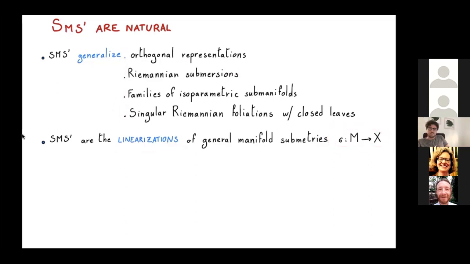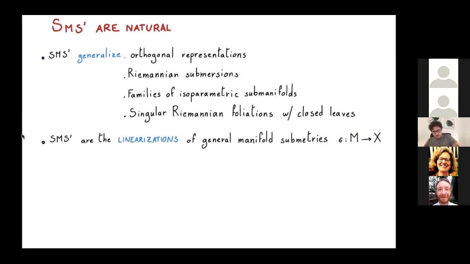And a manifold submetry is essentially the same thing. The only difference from a spherical manifold submetry is that we do not require M to be a sphere, but it could be just a general Riemannian manifold. Again, if you linearize this concept of manifold submetry, you get a manifold submetry from a sphere.